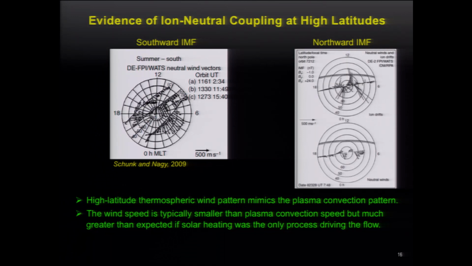For northward IMF condition, the convection pattern is more complicated, but the neutrals can still mimic what's going on in the convection pattern. So this thermospheric wind, mainly due to the ion drag, is imposed onto the thermospheric wind pattern that you would imagine only due to the solar heating.